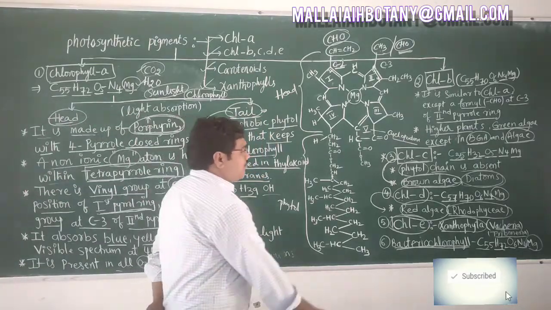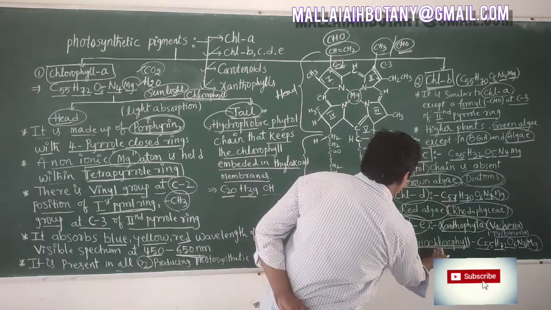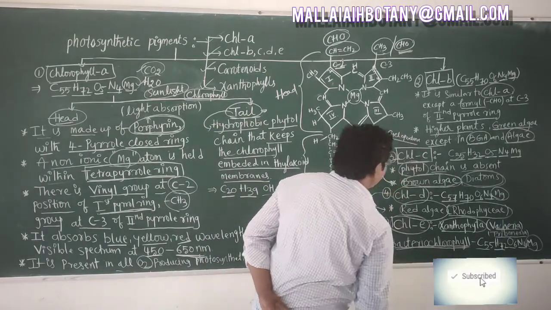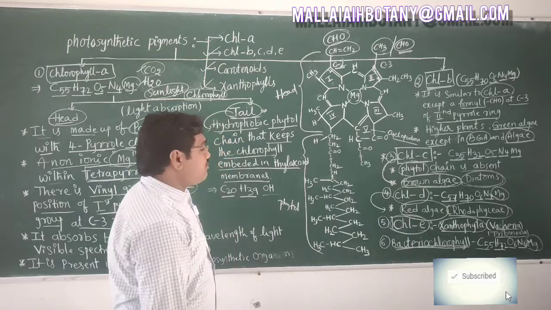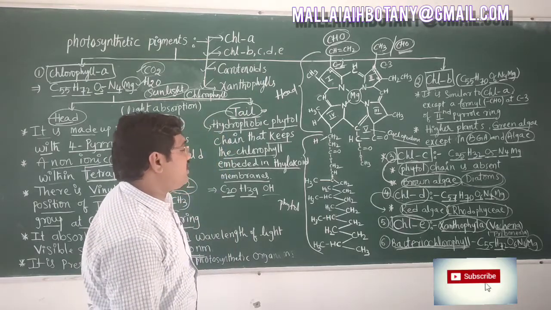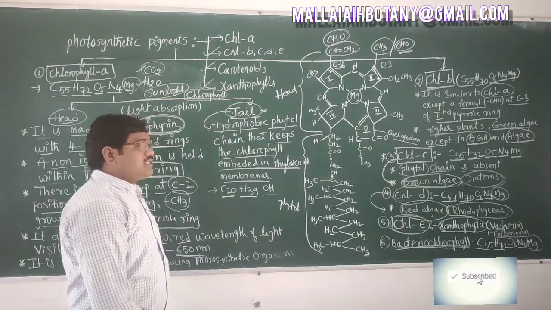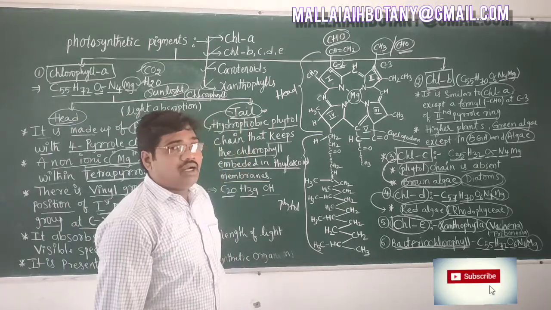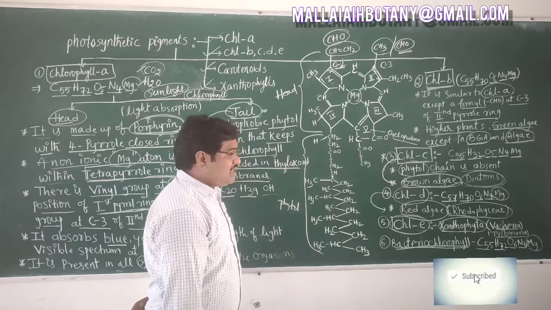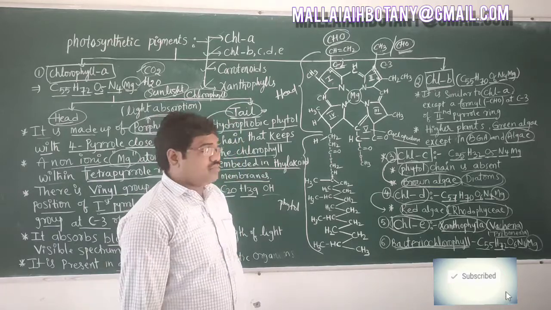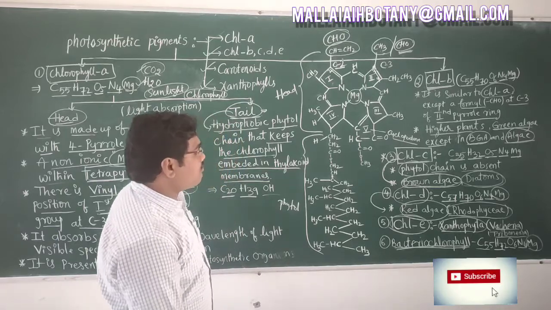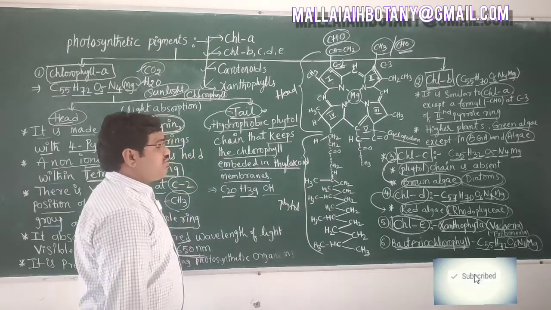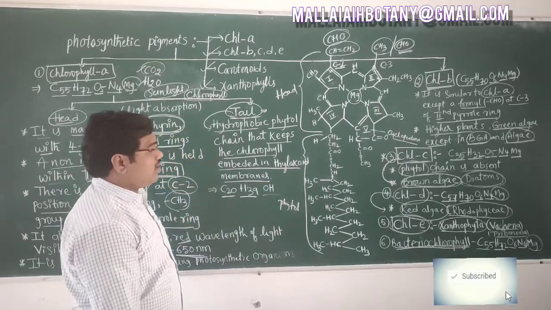So this is bacteriochlorophyll. Examples of organisms containing the bacteriochlorophyll pigment are Rhodopseudomonas and Thiobacillus, Chromatium. These are examples of bacteriochlorophyll-containing organisms.